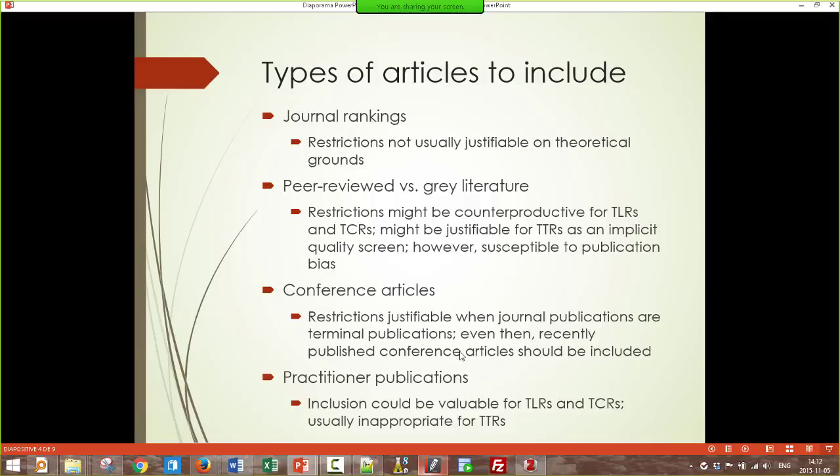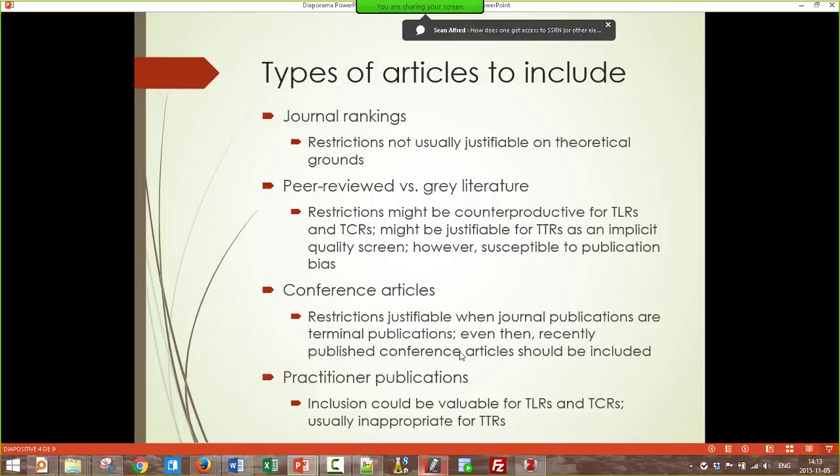Most of the time, the only way to access conference articles was to get the conference proceedings of each conference. And there's so many conferences, and each of those conferences has a new conference each year. It's just way too much. So a lot of times people would just search for journal articles and not conference articles.